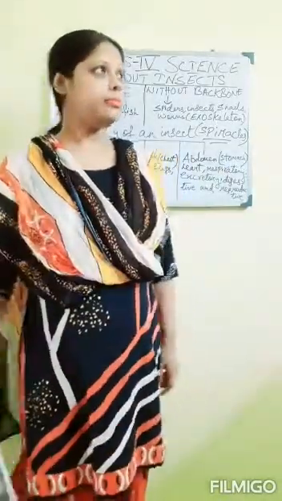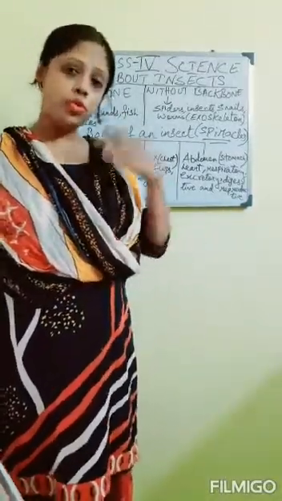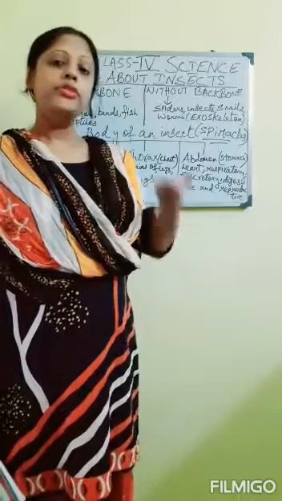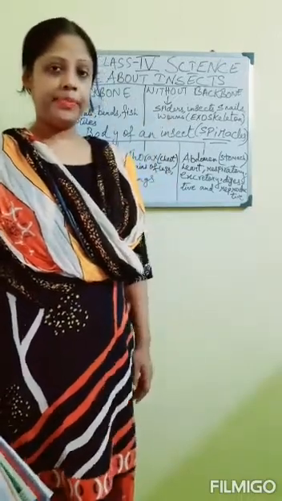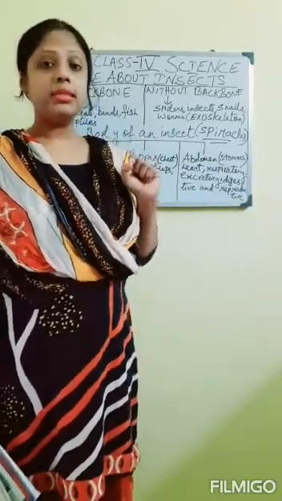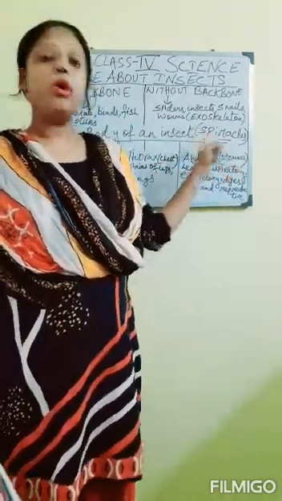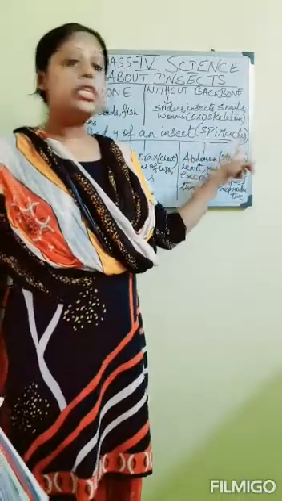Now, we know that insects do not have a nose to breathe or to inhale the air. So, how do they breathe? They have small openings called spiracles. Can you see spiracles?